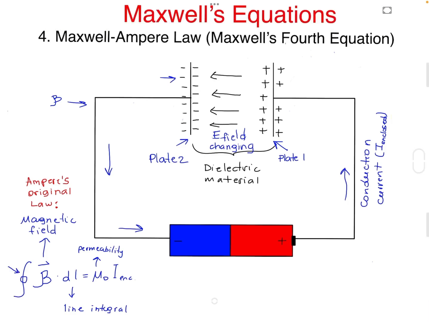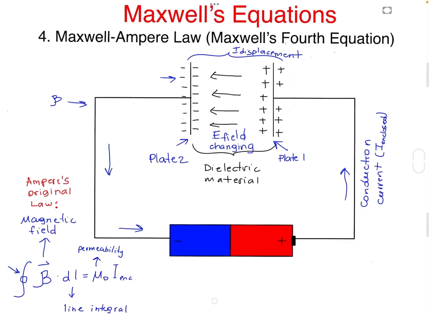Now we have here I displacement. So that's the displacement current that Maxwell introduced. So now it's the sum of both the displacement and the conduction current.